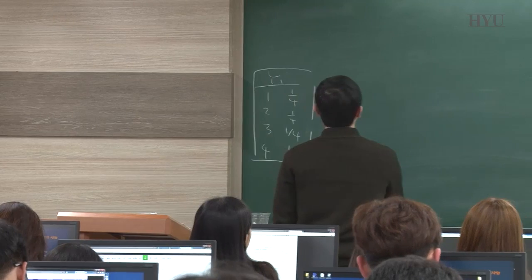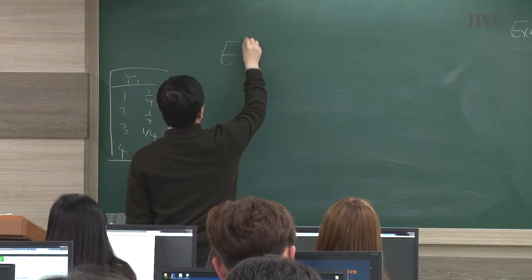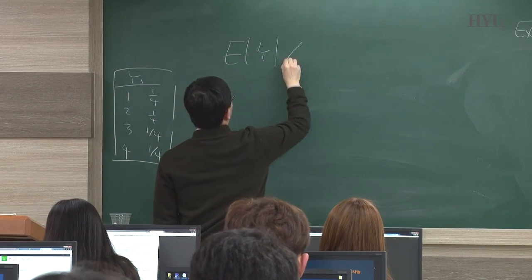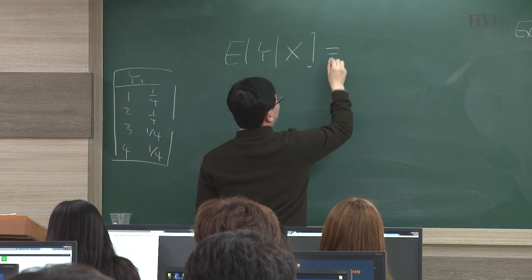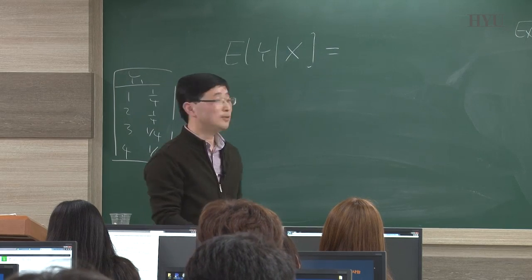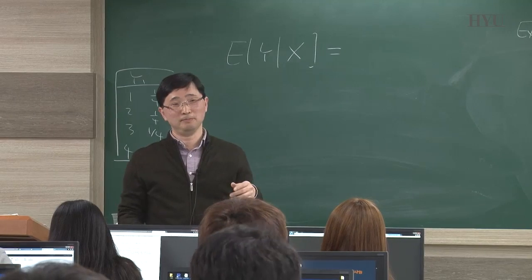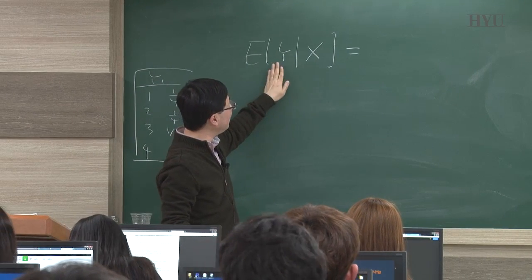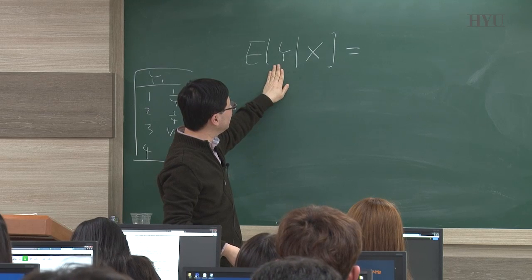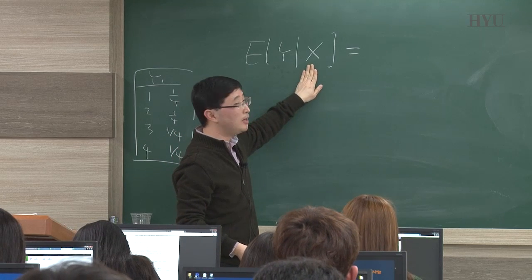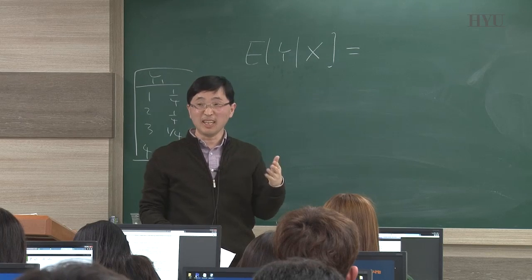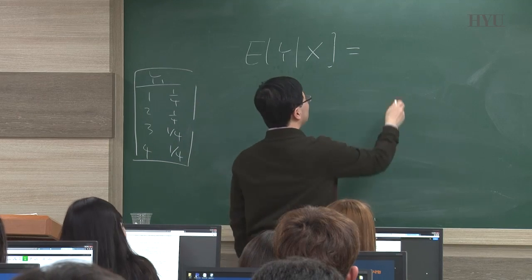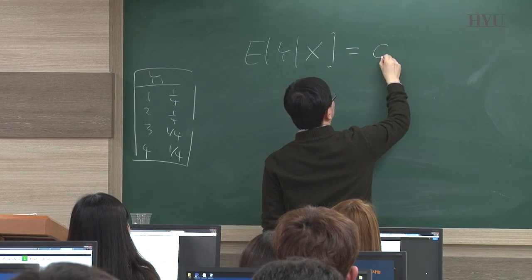So what it says is, if the conditional mean of y given x, so this number, the conditional mean produces a number. This number can depend on the distribution of y, but if it does not depend on the value of x, just to make it easy, let's say that this number is a constant c.